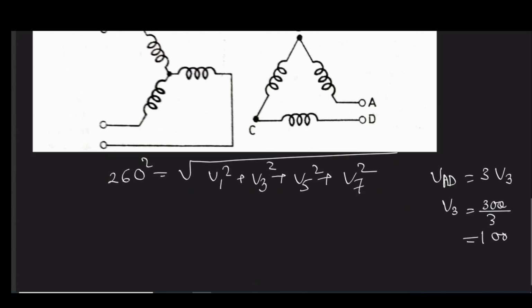So here we know V3 is equal to 100, therefore you can find out root under V1 square plus V5 square plus V7 square. So that will be how much? That will be 26.